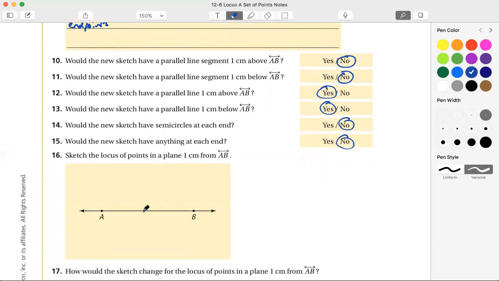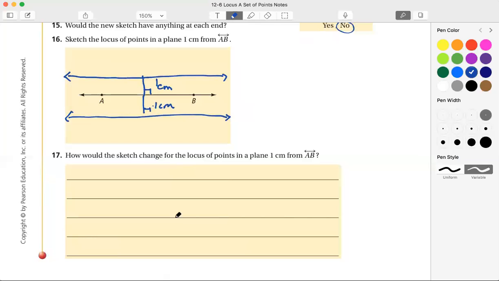All right, so we're going to go 1 centimeter up, perpendicular, 1 centimeter down, perpendicular, and we're going to go this way, and this way, and forever in both directions. 1 centimeter, 1 centimeter. So the new sketch would have parallel lines, not line segments.